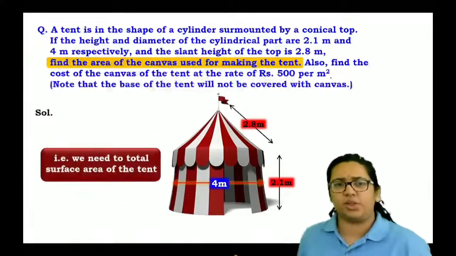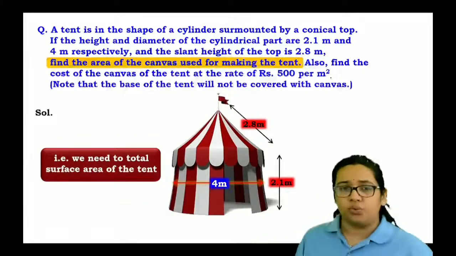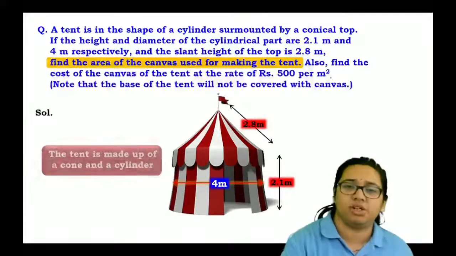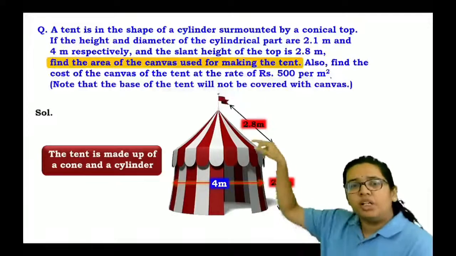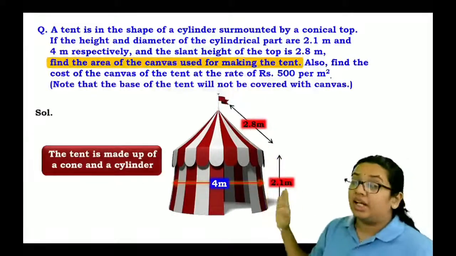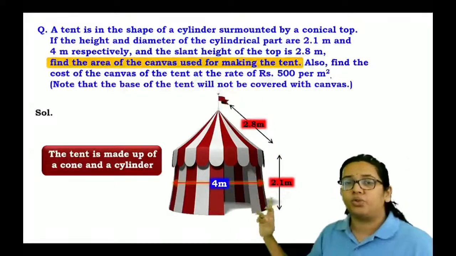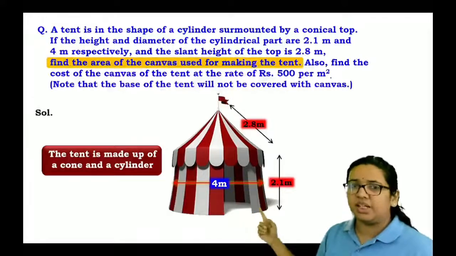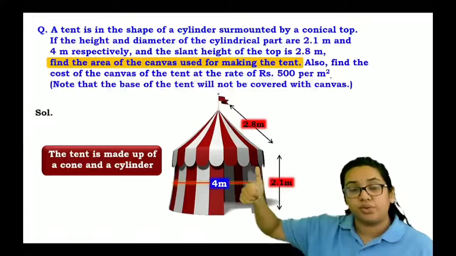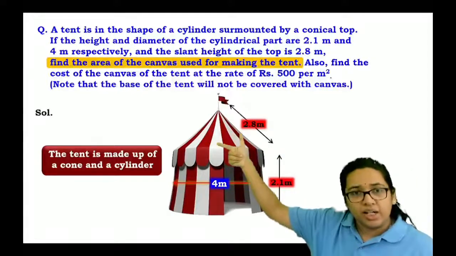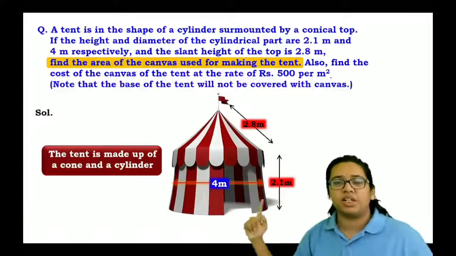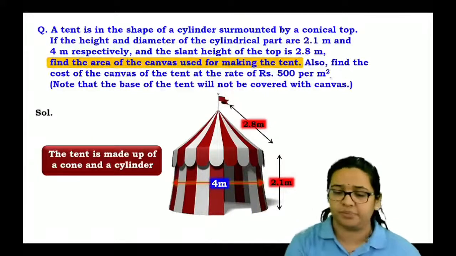So we need to find out the total surface area of the tent, but this tent is made up of a cone and a cylinder. As we have to find the curved surface area, the only case is that we have to find the curved surface area for the cone and the curved surface area for the cylinder part, right?